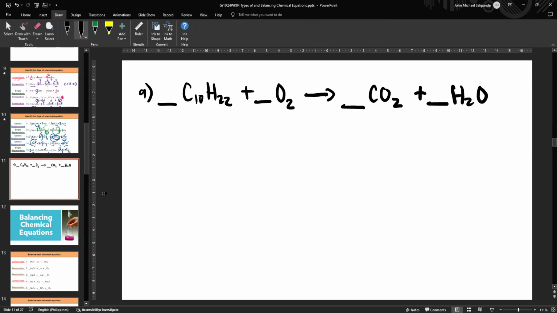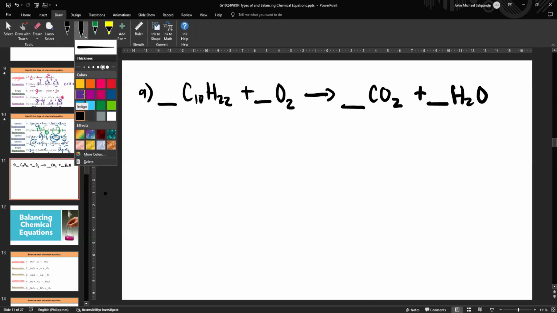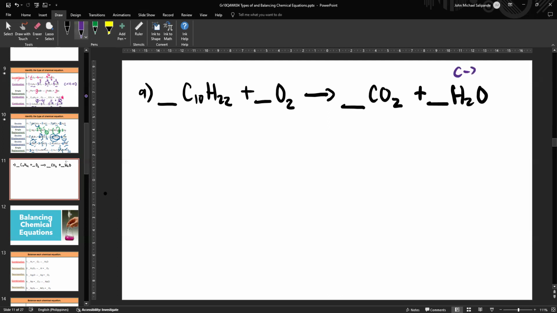So what makes this one different from the combustion examples we balanced earlier? Just like what I said in combustion, you must balance first carbon, followed by hydrogen, and lastly, oxygen. So on the reactant side, we have 10 carbon atoms, and on the product side, you only have 1 carbon atom.